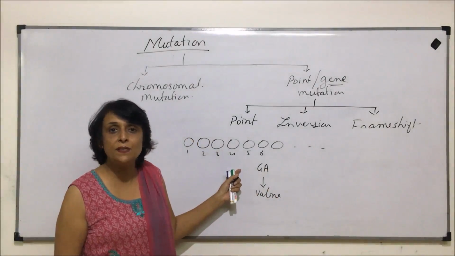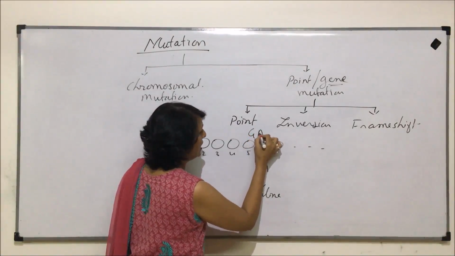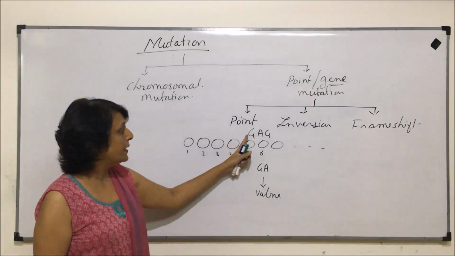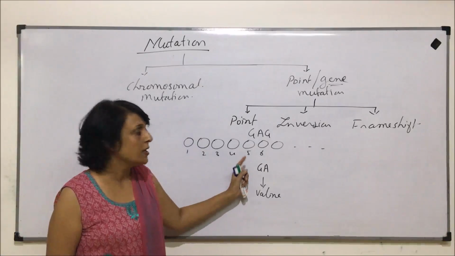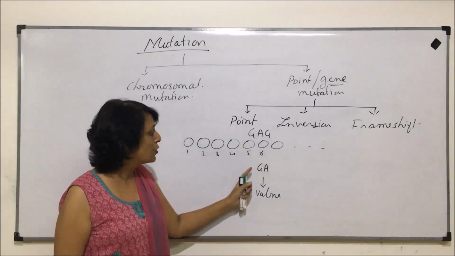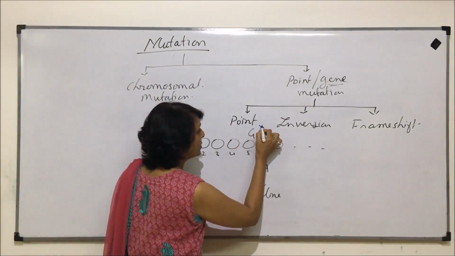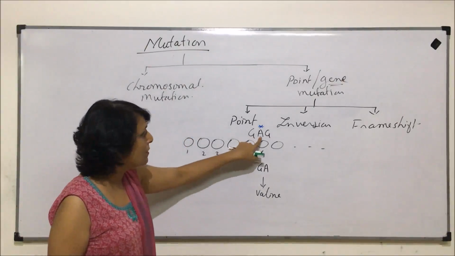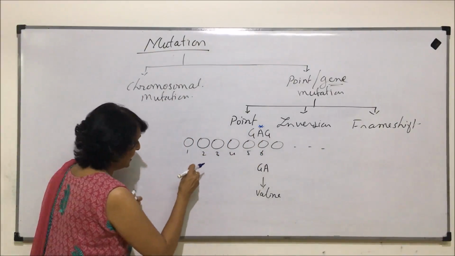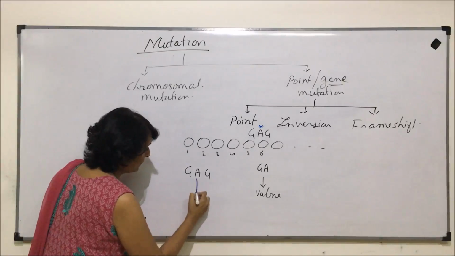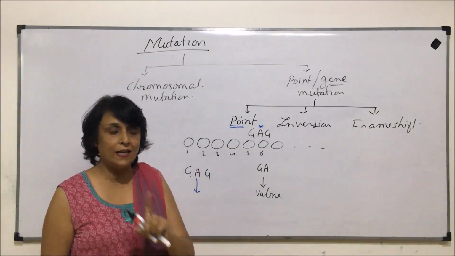Now what exactly happens here is the code that codes for glutamic acid is GAG. We know that the codes which are coding for amino acids are read in triplets. So when it is GAG, it codes for glutamic acid. If there is a mutation at this point, that means only one base gets replaced, a change in only one nitrogen base.